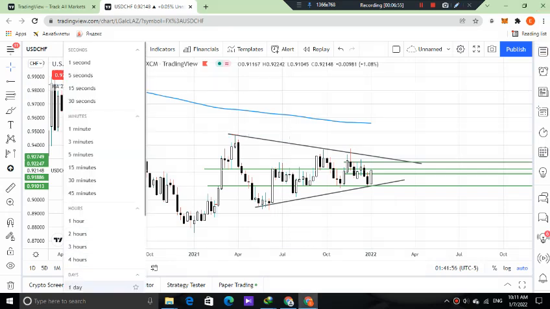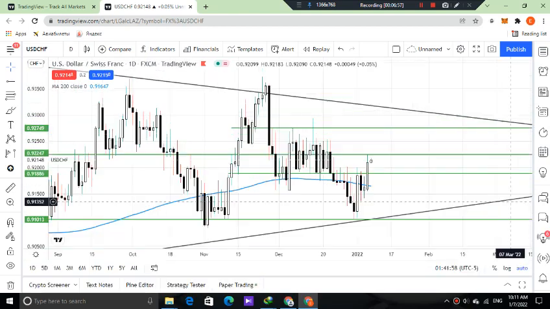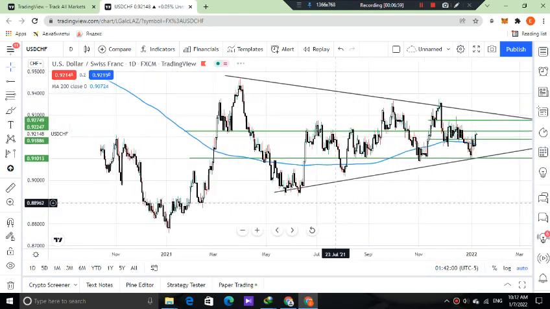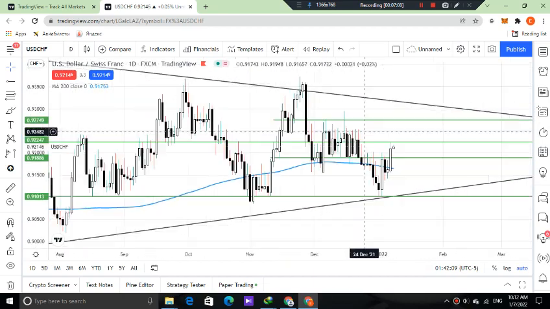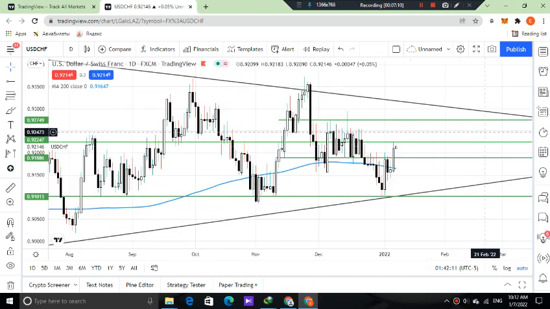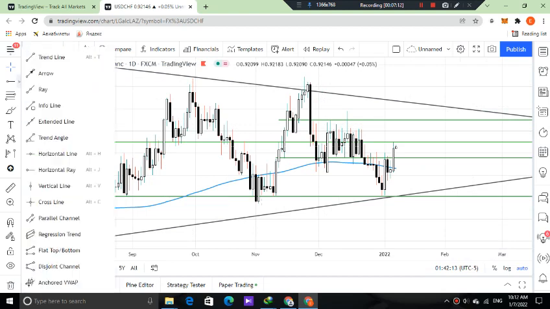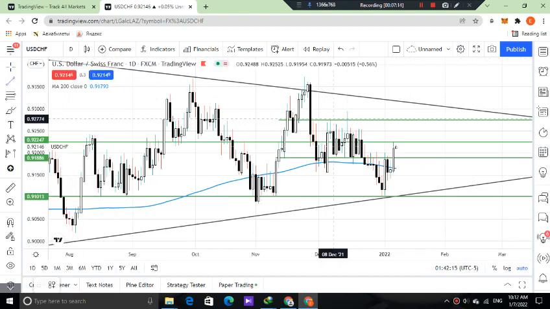In daily time frame, what about it? In daily time frame, you can see legs now, and you can draw trend lines. Yes, in daily time frame, you can draw a trend line like this one.